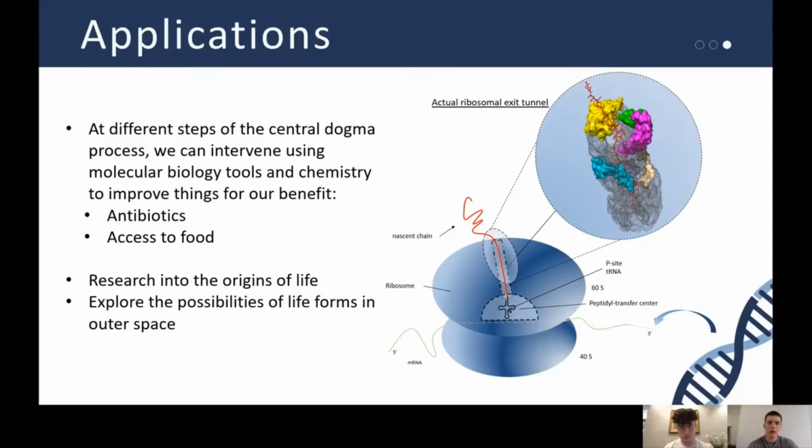And also, apart from very practical things like antibiotics and food access, we can research things such as the origins of life. And also, this will tell us about the possibilities of life forms in outer space. So it's not just super practical things you can study. There's also very existential and important, interesting questions.